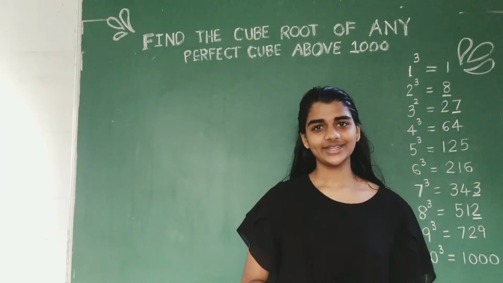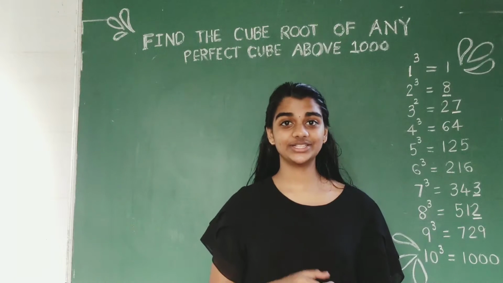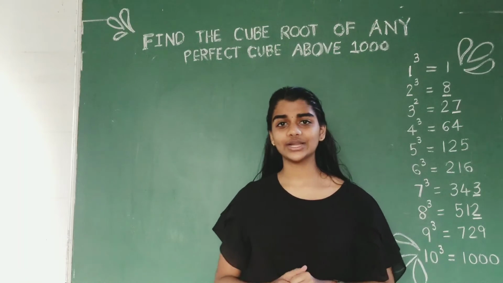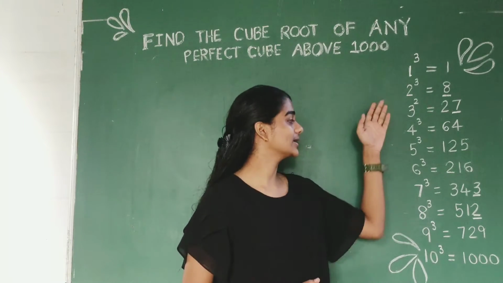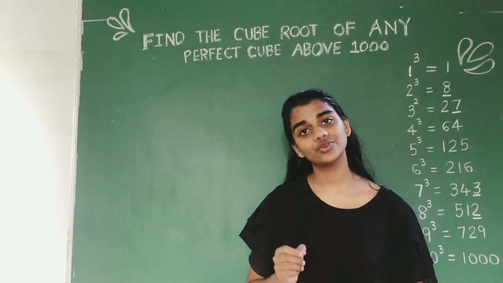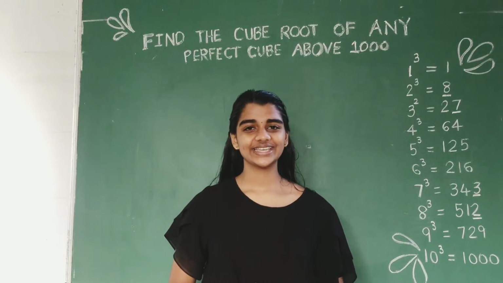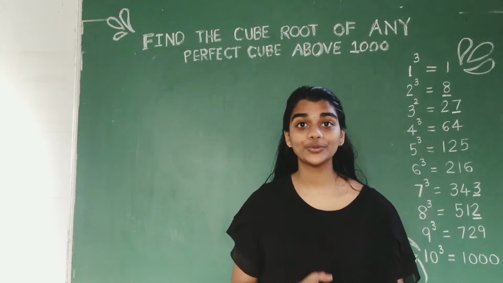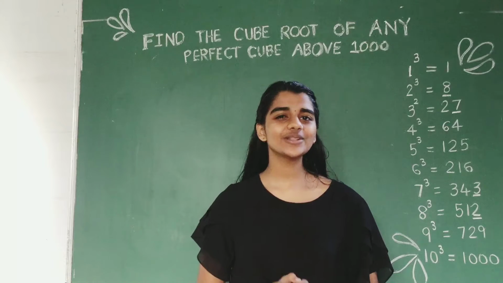Before we begin, there are some basic things that you need to know. The first one is the cubes of 1 to 10, and the second is the digit in which each cube ends. These are basic things and I hope you already know them. So let's just rewind.